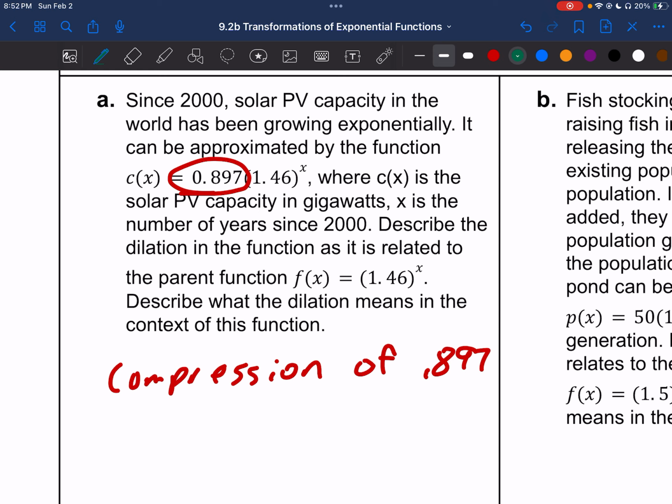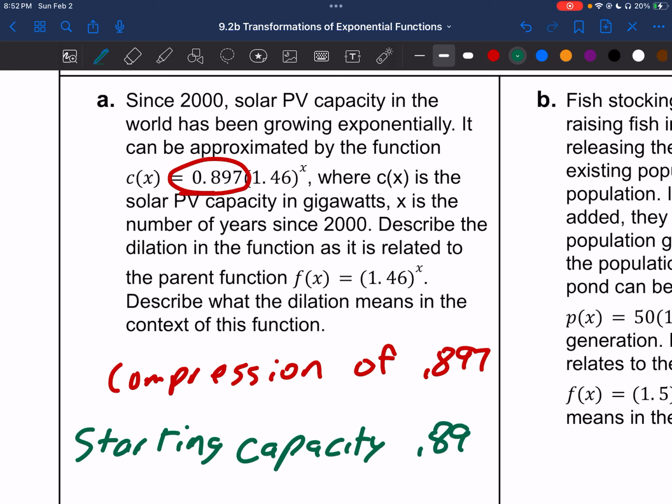So what does that tell us about this 0.897? It tells us that our starting capacity is going to be 0.897 gigawatts.